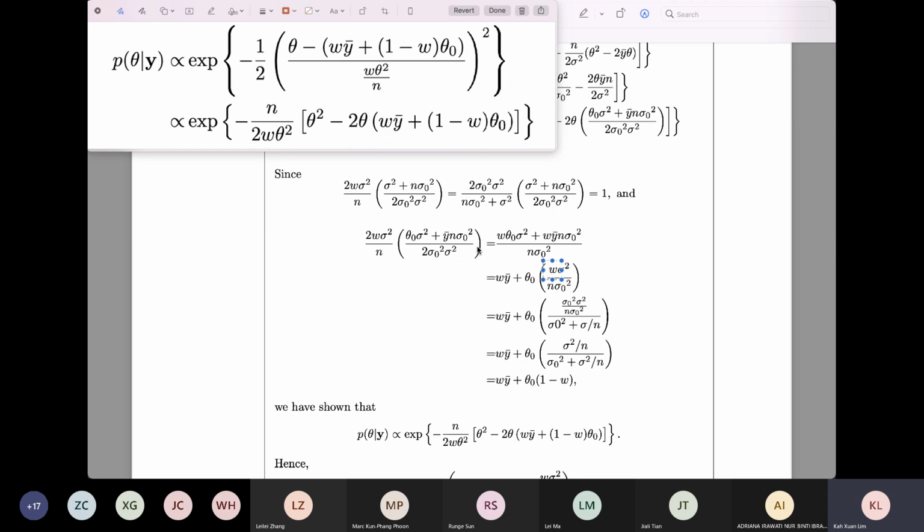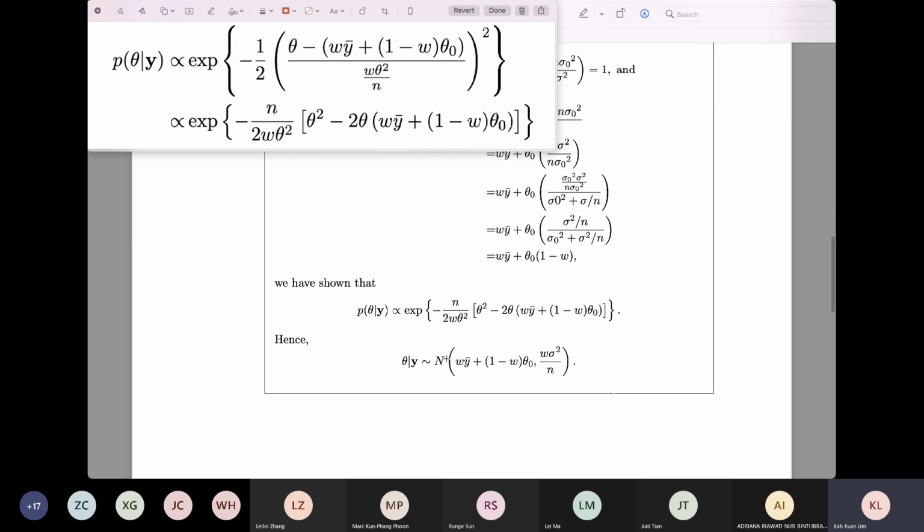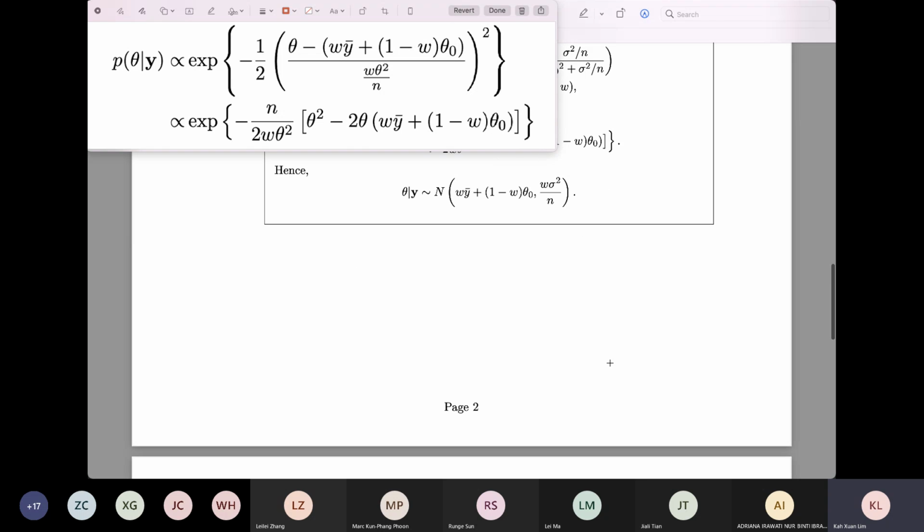So we have shown that the kernel is something like this, and this is the kernel for the normal distribution with this mean and this variance. So this is question 2A.